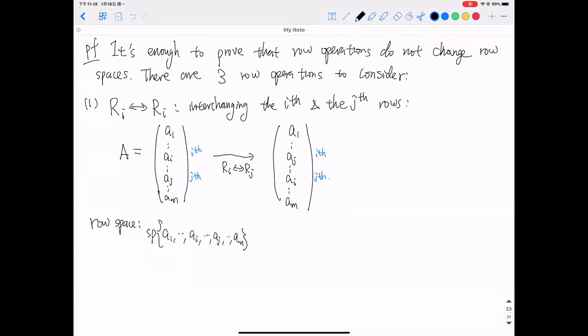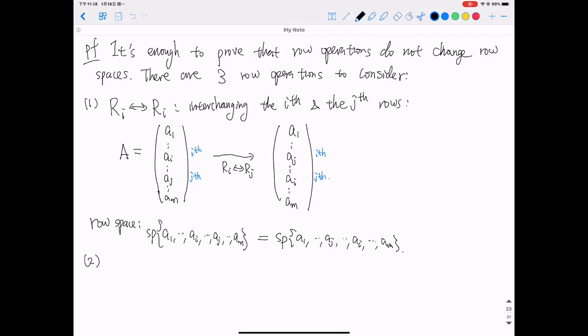After exchanging Ai and Aj, you still have the same list of row vectors. So it's the same span, just that the order of these vectors changes a little bit. So it's very clear that the two spans are the same. Therefore, interchanging two rows does not change the row space.